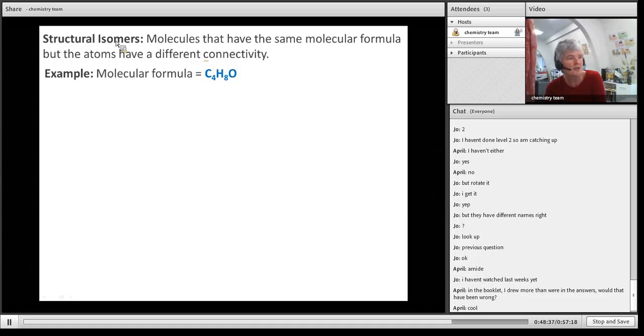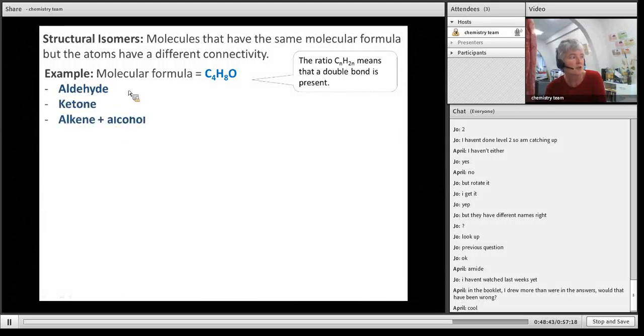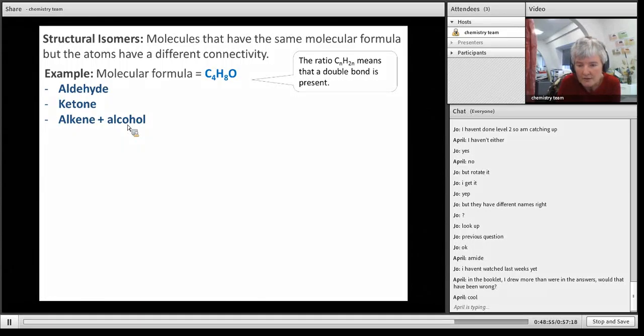We know that a double bond is present, and we've got an oxygen with a double bond, so we could draw an aldehyde, a ketone, an alkene, and alcohol. Could we draw a carboxylic acid? No, because a carboxylic acid has 2 oxygens, one for the carbonyl and one for the OH.